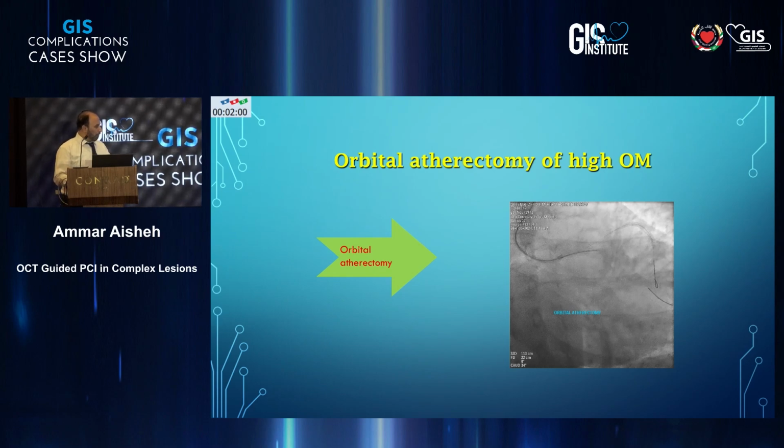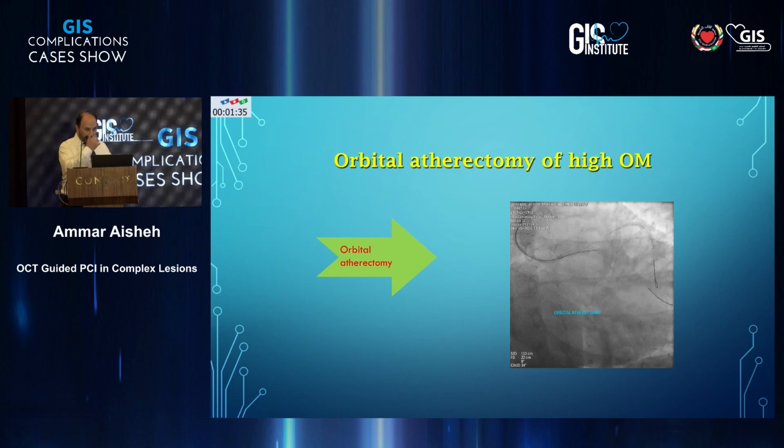If you can cross with a rota wire, then you can do rota. I prefer laser in this kind of lesions. But here it was uncrossable because of calcium, and according to the algorithm, you go to rota or CSI. And CSI can give a very good result in these cases.